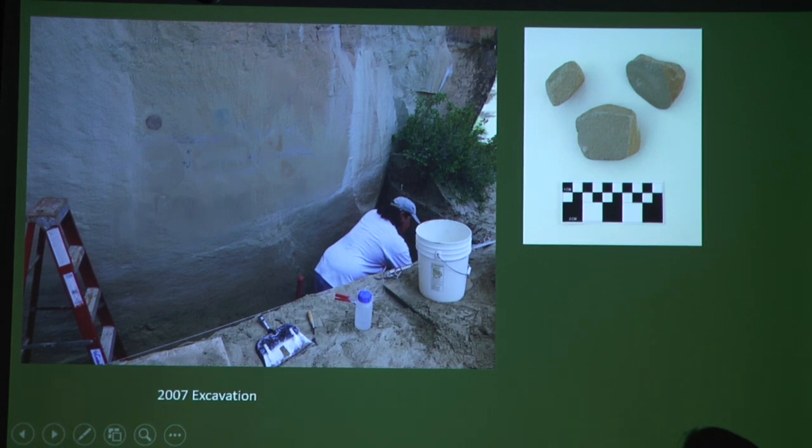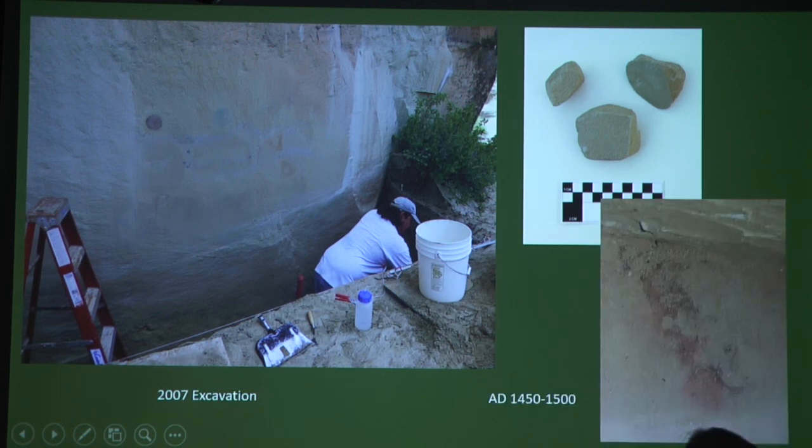We also found the stones that were used to incise the surface, but the most important thing we found were 3 or 4 of these fire hearths, which gave us the ability to get radiocarbon so that we could date, and we dated it at 1450 to 1500, which means that if I'm dating the age of the things used to make the surface up here, I've dated the paintings.